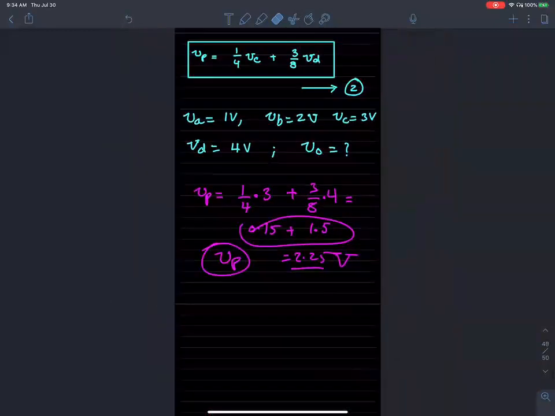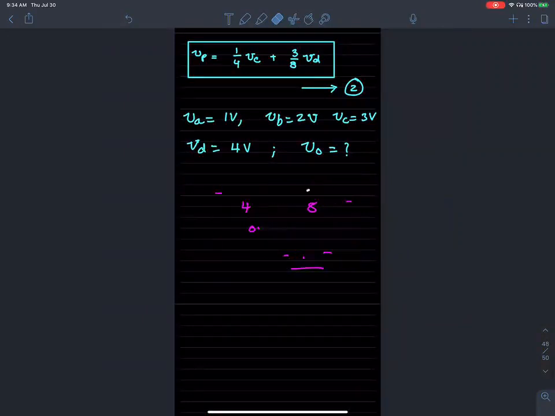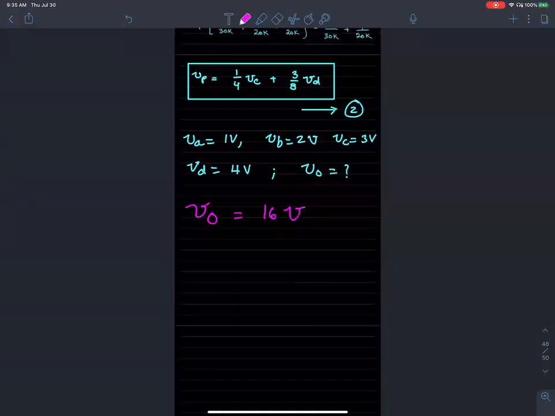So if you do that, for these values of VA, you should be able to calculate the value of VO, the output, to be 16 volts. If you apply an input VA of 1, VB of 2, VC of 3, and VD of 4, your VO should be 16 volts. Does that make sense at all?